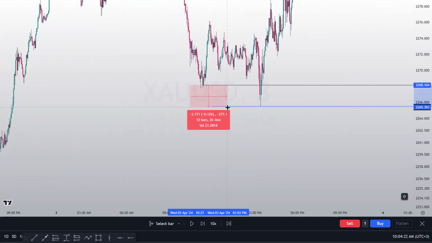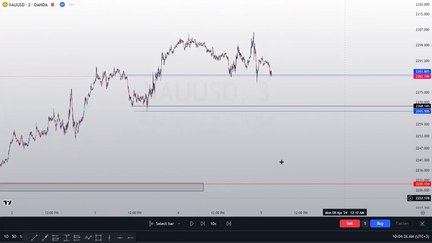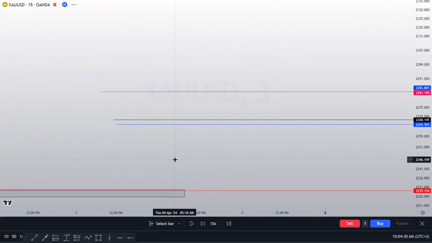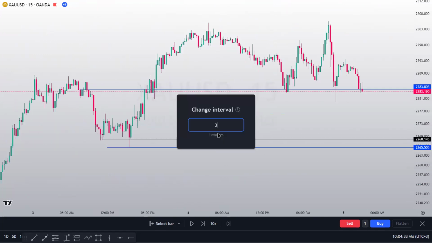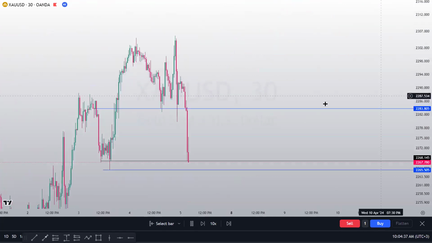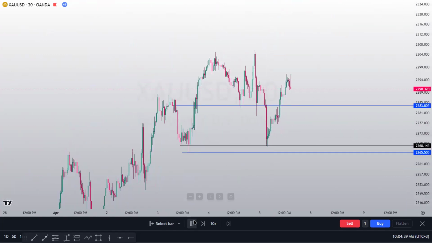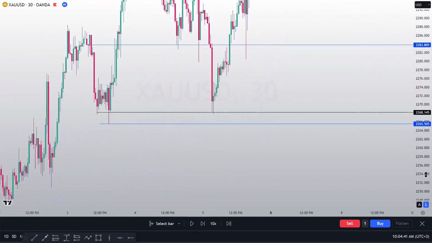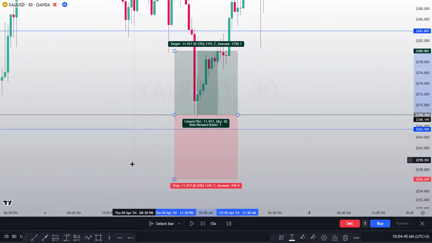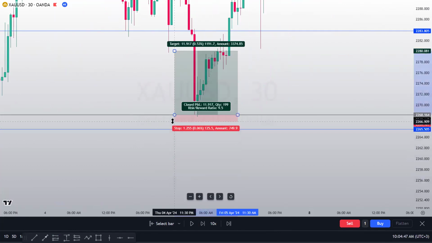So from here to here, the risk was almost 26 pips, but I usually use 15 pips as my risk. So that's how this gold entry was taken, and the market came and tapped into the entry. As you can see, in terms of 15 pips, you are actually safe, because I know if the market stops me out by 15 pips, then I'm completely wrong at that specific area.